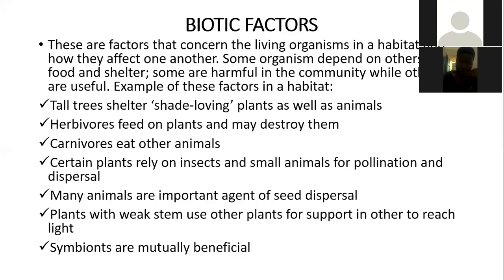Now, examples of these natural or biological factors are, one, tall trees shelter shade loving plants as well as animals. This statement means that there are trees that are taller than others.